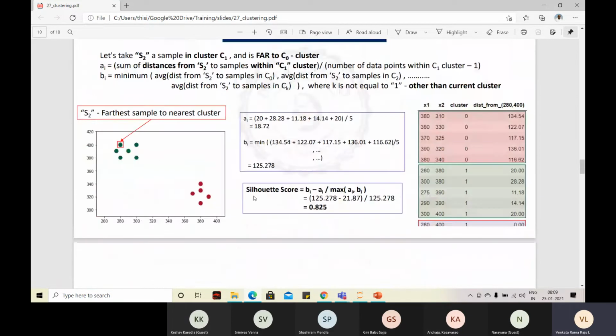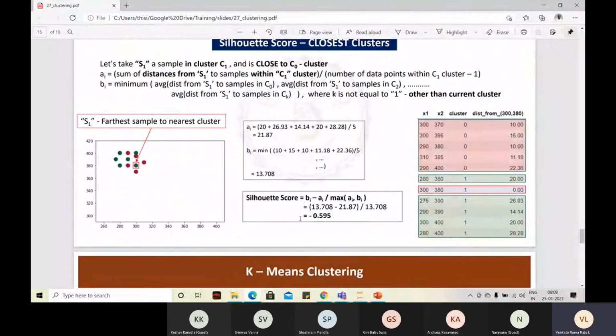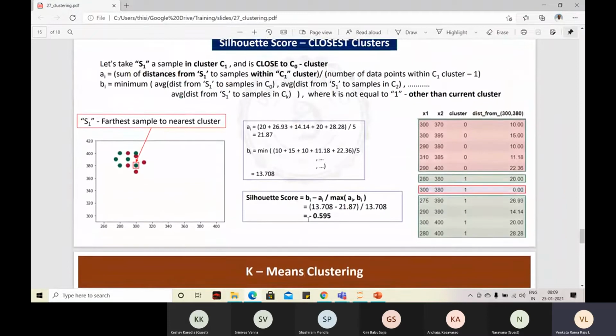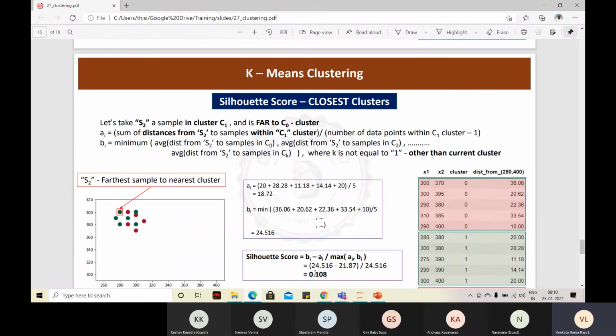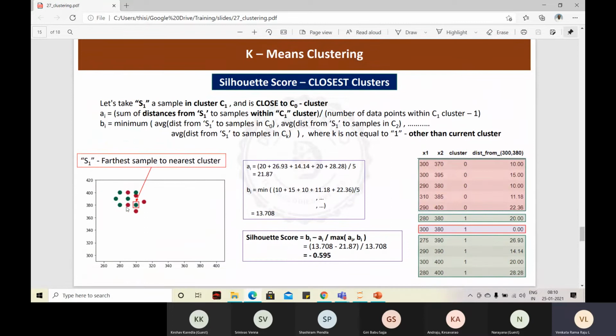If all are coming like this, negative scores and positive scores which are close to 0 and negative, when you calculate the average of all these data points' silhouette scores, what will happen? The closest point is very negative, right? The farthest point is almost close to 0, right? You can assume the other numbers calculated here. If you take the average of the total thing, what will happen?